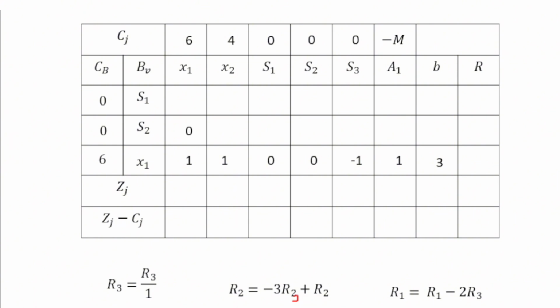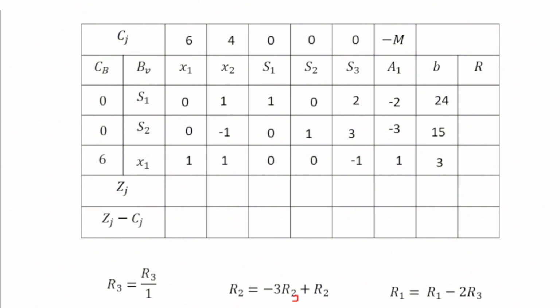So we can now have 0, then minus 1, 0, 1, 3, minus 3, and 15, right? Then if I'm to fill row 1, I'm going to use r1 minus 2 r3, which is going to give me 0, 1, 1, 0, 2, minus 2, and 24. I'll do the same thing to get my zj.